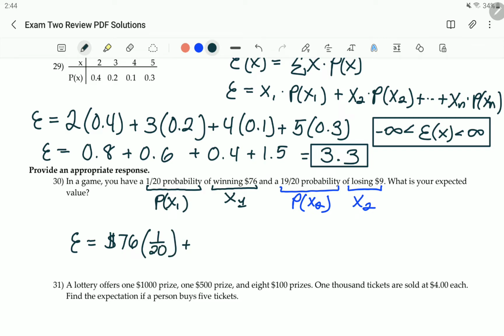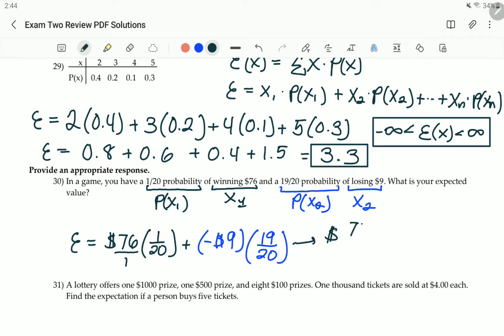Plus event 2, I am losing $9. So because I'm losing, I must make that negative. And the probability of me losing $9 is 19 out of 20. So here we have, make this into a fraction.